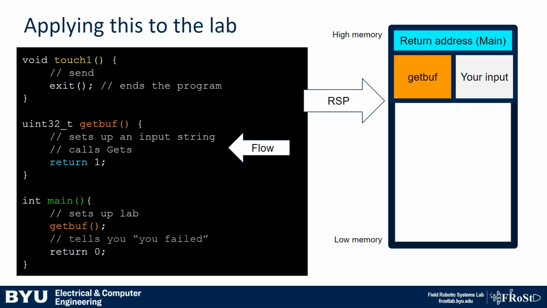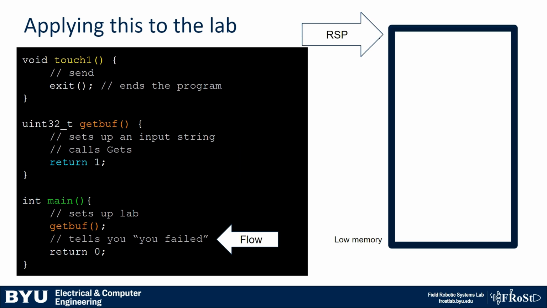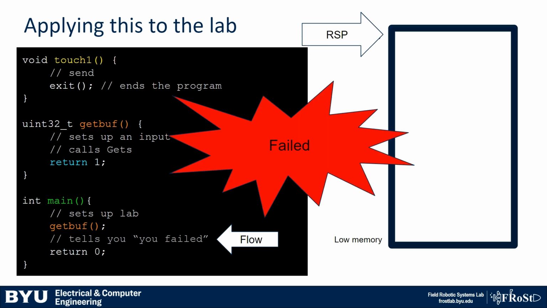And gets is just going to load in whatever input you put into the program into the stack frame that getBuff created. And then getBuff doesn't actually do anything with its string.